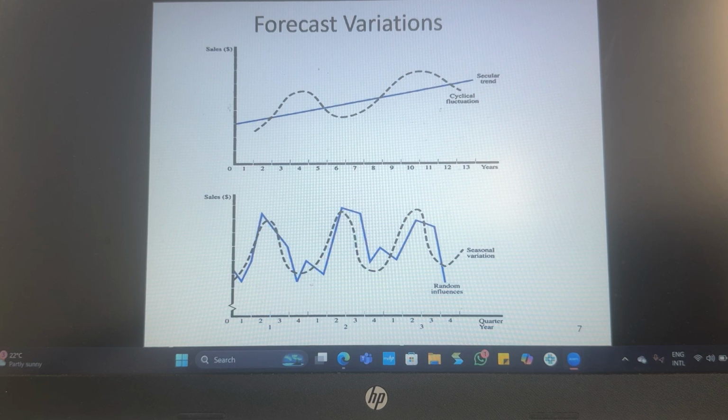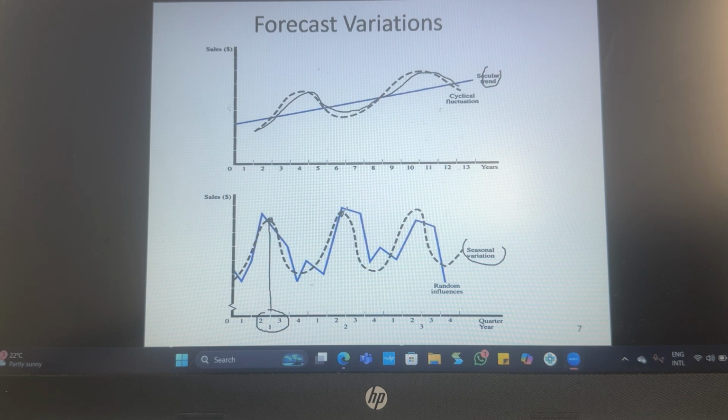So the same thing here you can see again. This is the secular trend, the same graph, and these are cyclical fluctuations. Okay. And the other two you can see here in the bottom line. The dotted line is actually seasonal variation. As I told you, the top sales comes every year in between the second and third quarter.